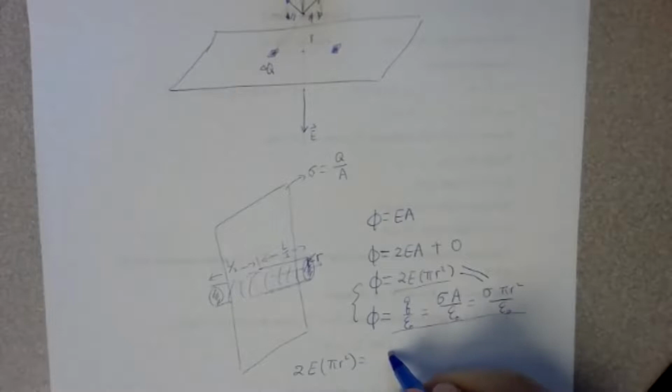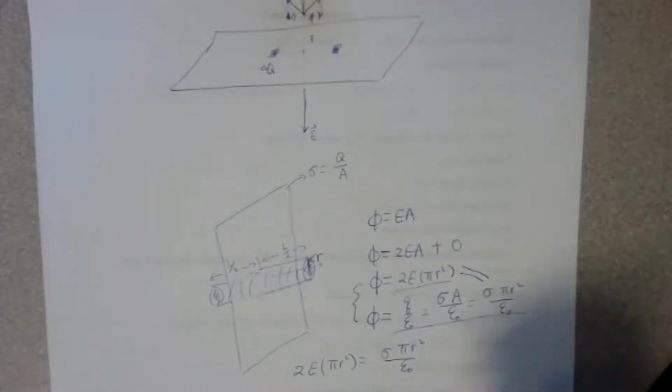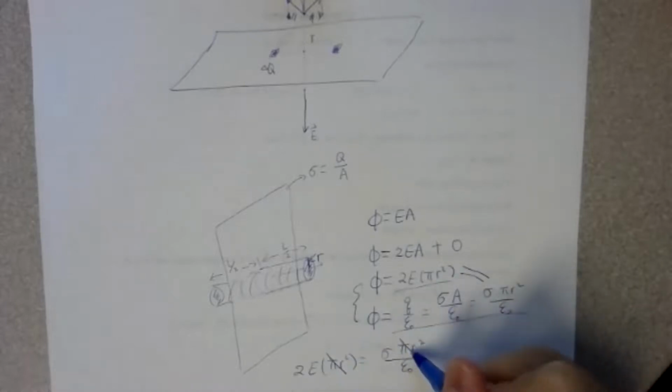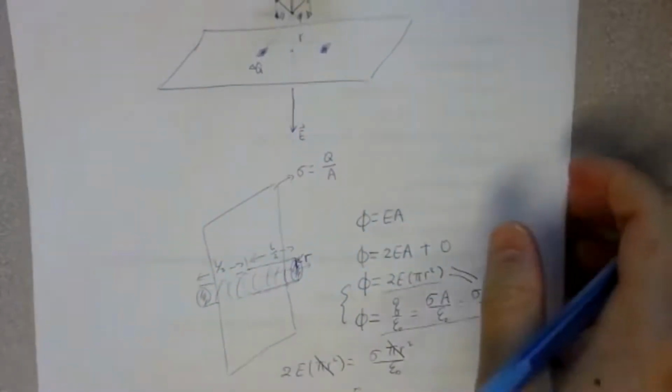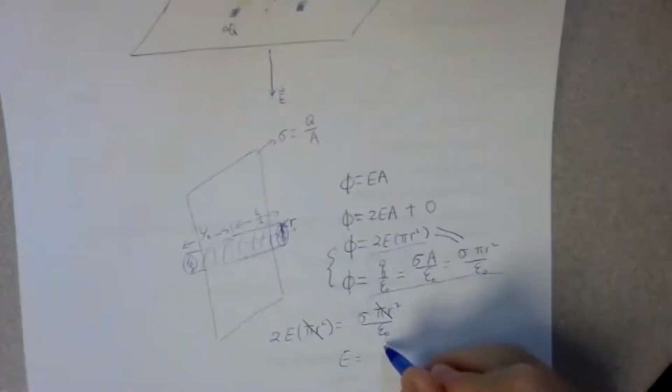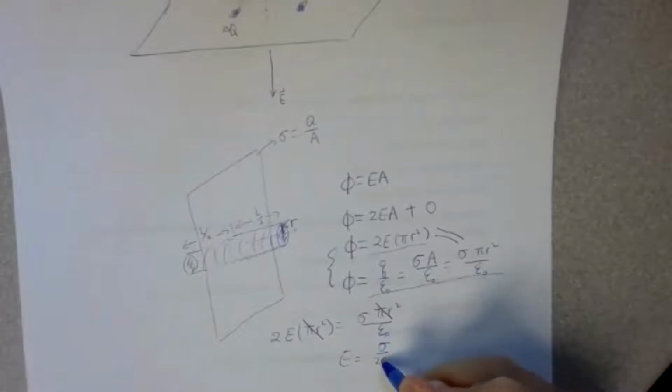Twice E pi r squared is equal to sigma times pi r squared over epsilon naught. The pi r squared and pi r squared will cancel out. Then the E field will be just equal to sigma over twice epsilon naught.